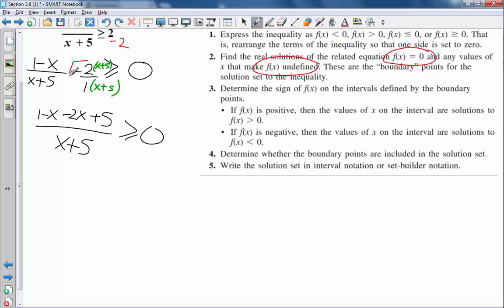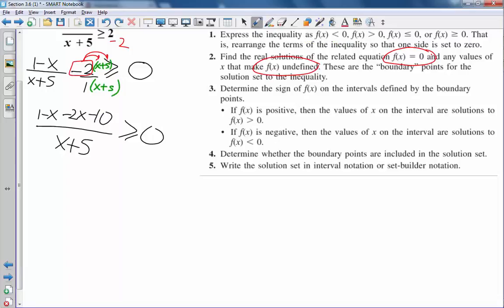We need to take these two, combine, distribute to each and every term in this block, the x and 5 block. So it's not just minus 2x, it's minus 2 times 5, which is minus 10. That's an enormous mistake. It's going to mess up everything if you ignore that.